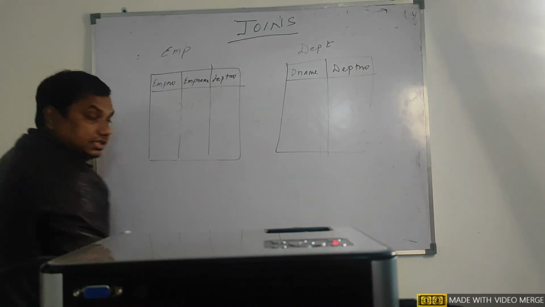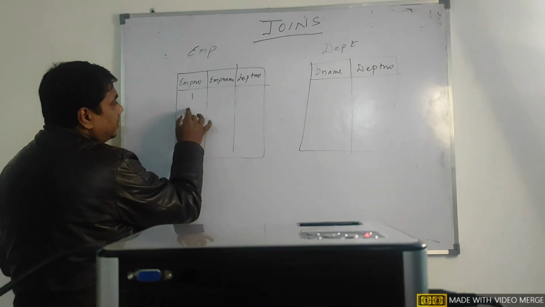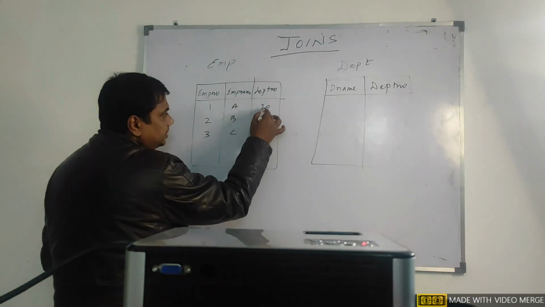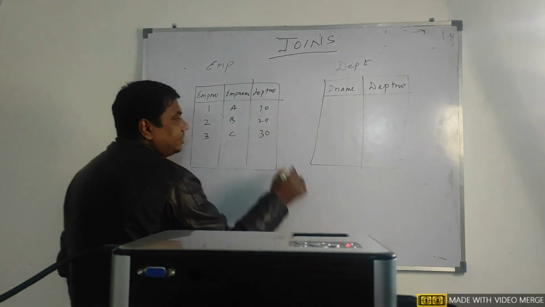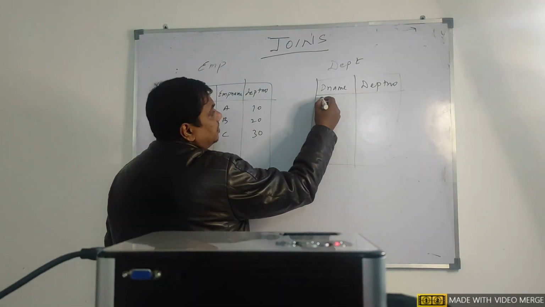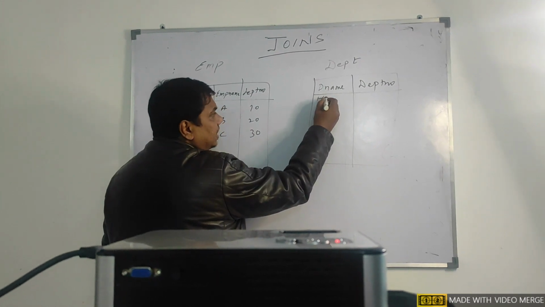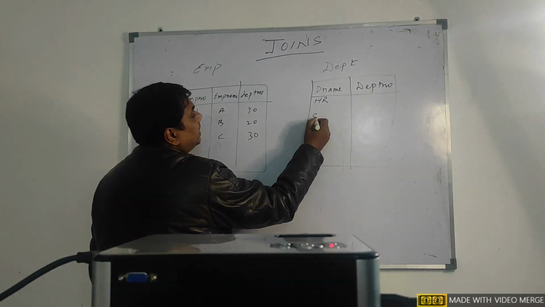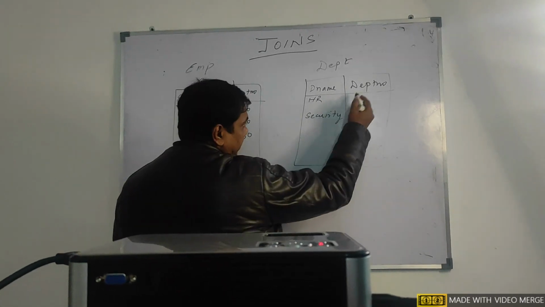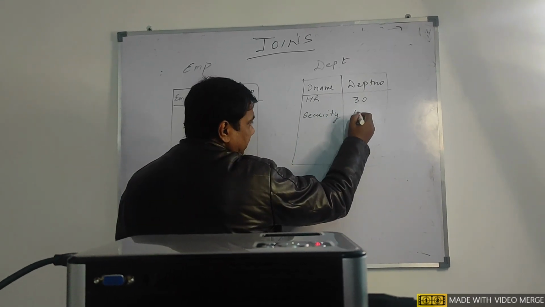Suppose employee numbers 1, 2, 3, employee names A, B, C, and department numbers 10, 20, 30. Department names are suppose HR and security, and department numbers are suppose 30 and 40.